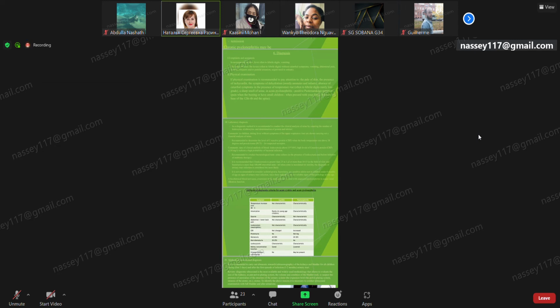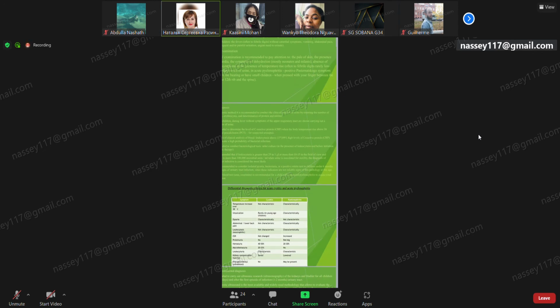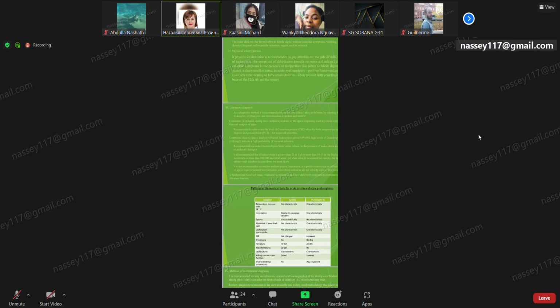If the amount of leukocytes is greater than 25 per 1 microliter, or more than 10 to 15 in the visual field, the diagnosis of urinary tract infection is most likely. It is recommended to consider isolated pyuria, bacteriuria, or a positive nitrite test in children below 6 months who present signs of UTI.